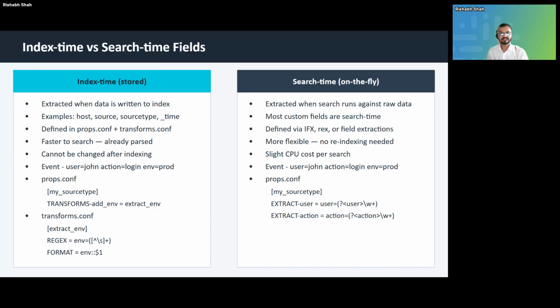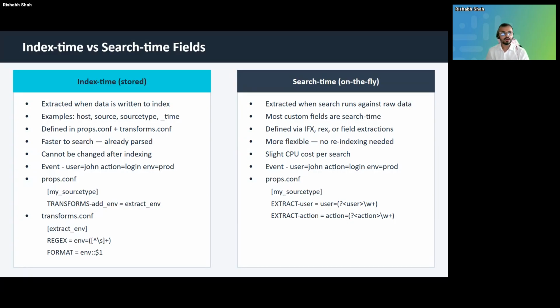Those extractions are majorly of two types. One is index time extraction and another is search time extraction. Index time extraction, as the name suggests, happens at index time. It's typically called store extraction as well. Those types of extractions are done when the logs are basically ingested into an index.